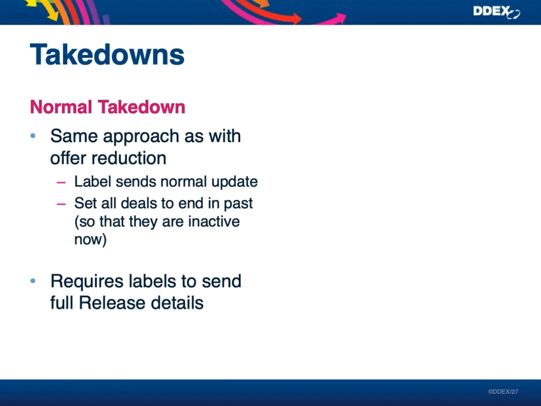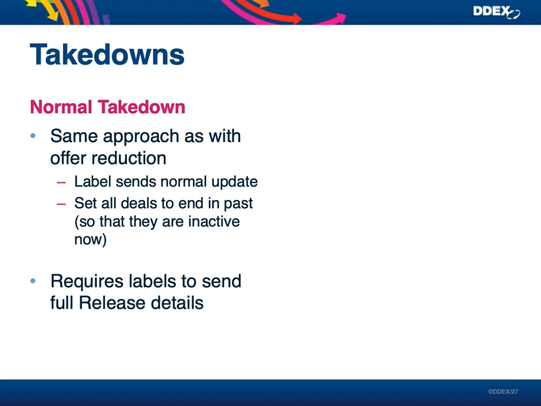This means there is no further deal available anymore to the DSP, therefore the content needs to be taken down. You can also do that before the takedown happens. In that case, you simply have all the deals with a specific end date. And at the end of that period of time, all the deals will fall away. The content should disappear. So it requires the label to send full release details.